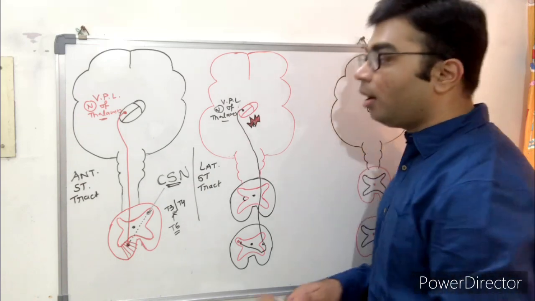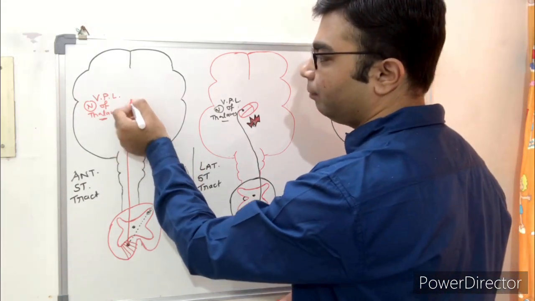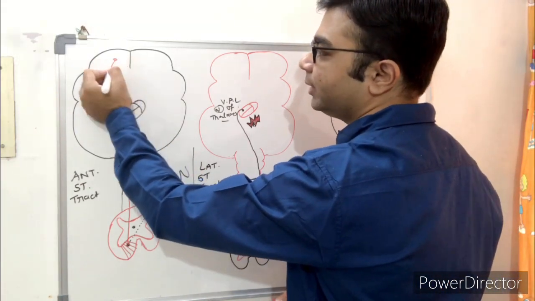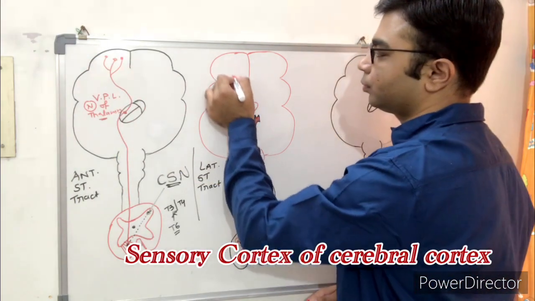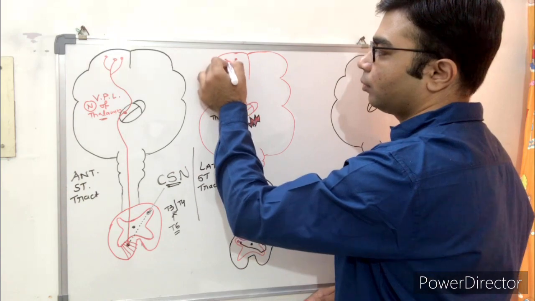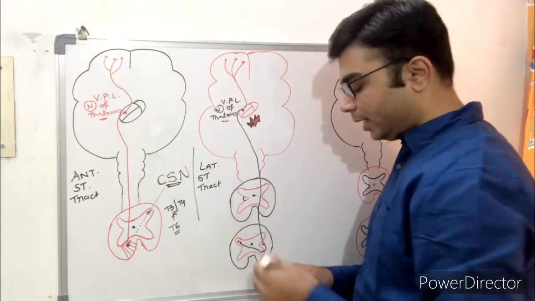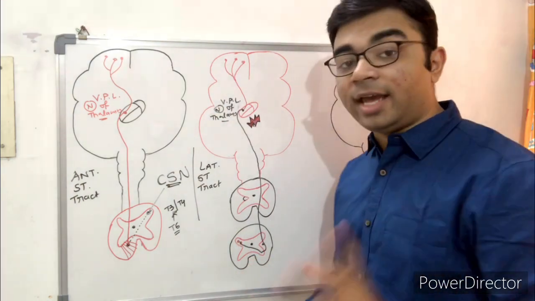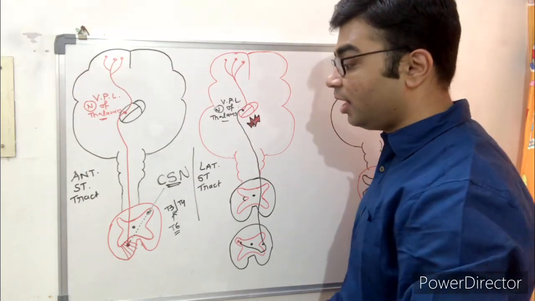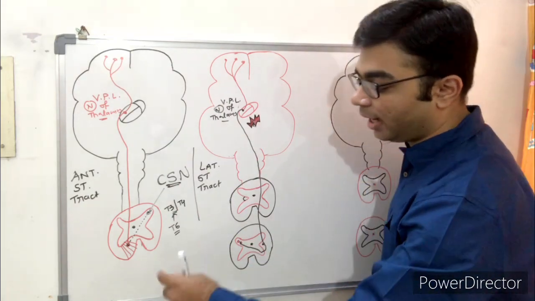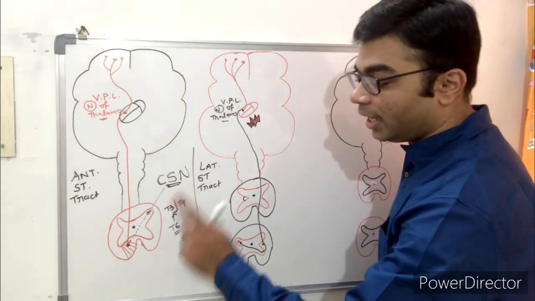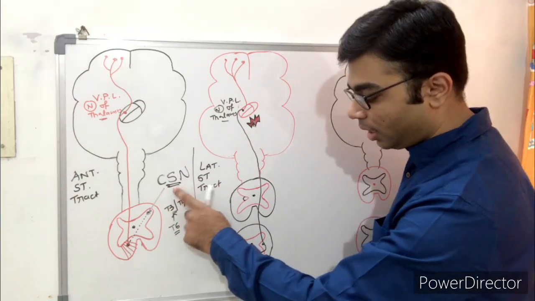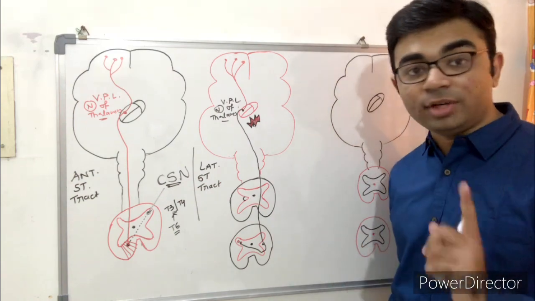From here, both tracts go upwards into the sensory cortex, but they carry different sensations. You may imagine that the only difference in the neuroanatomy of both tracts is the nucleus and the column.